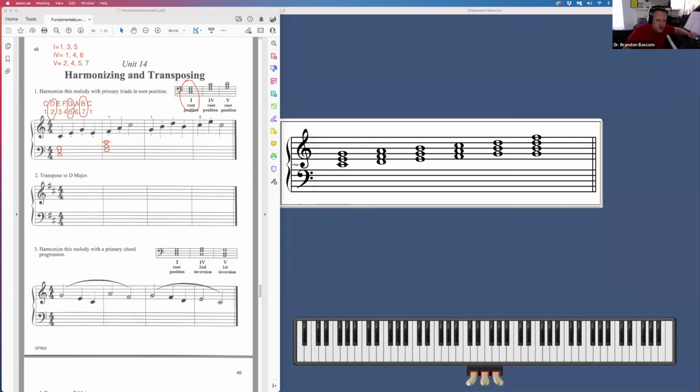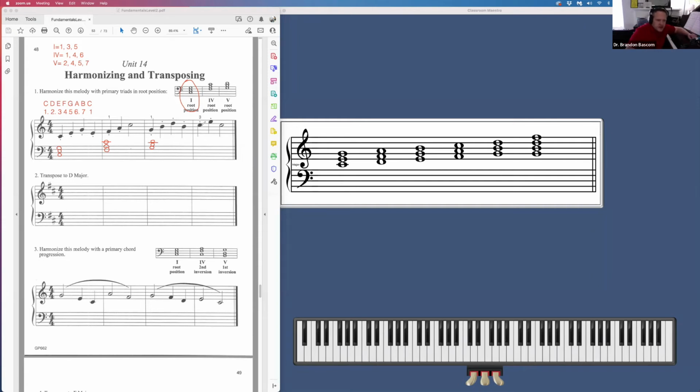Back to our B being a 5. Those all match with my dominant chord. So I'm going to draw my dominant chord here. Wow, that was horrible. There we go.